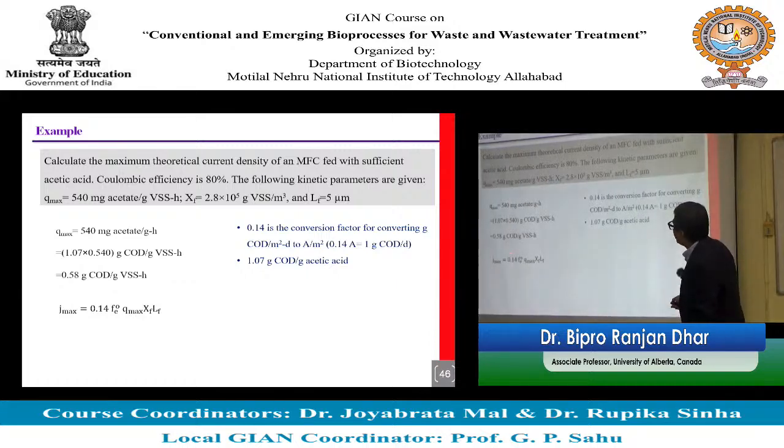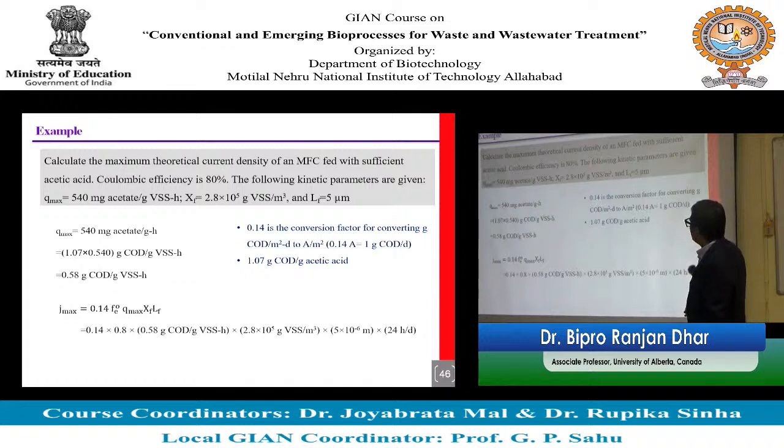So 0.14, Fe naught is 0.8 because Coulombic efficiency is 80%. Qmax we already converted. XF is given as 2.8 times 10 to the power 5 gram VSS per meter cube. LF I already have, 5 micrometer.